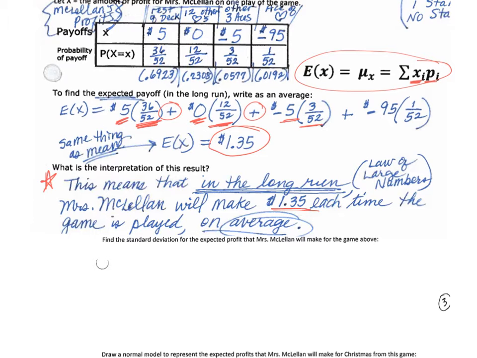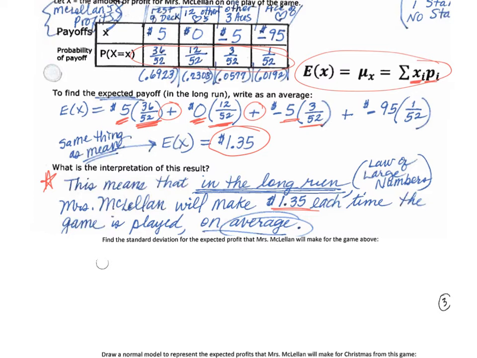So even though it freaks me out a little bit that I could possibly give back $100 and lose all that money, do I want to keep playing this game? Yes, I want to have people play this game, come play the game. I'm going to advertise. I'm a casino. Come play the game because I know in the long run that these probabilities will hold true and I will make $1.35 per play on average.